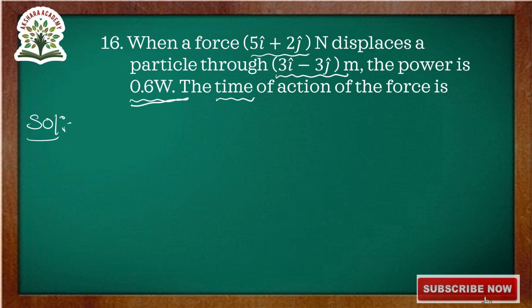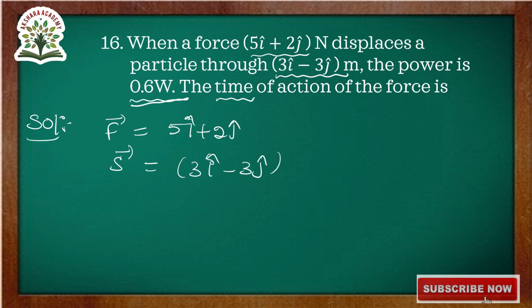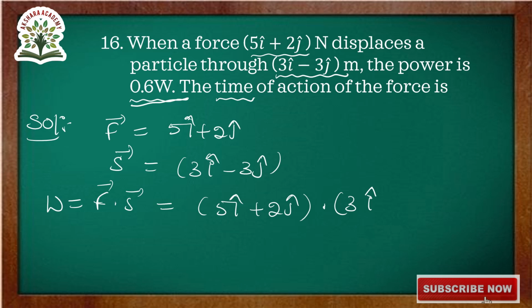Here they gave F bar equals 5 i cap plus 2 j cap and s bar as 3 i cap minus 3 j cap. So work done W equals F bar dot s bar, that is 5 i cap plus 2 j cap dot 3 i cap minus 3 j cap.